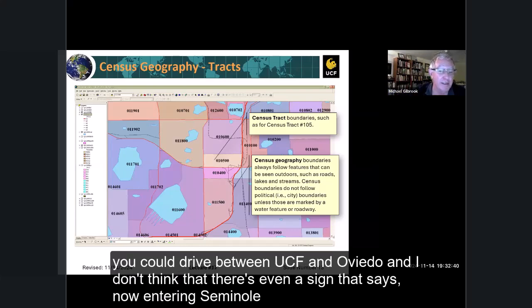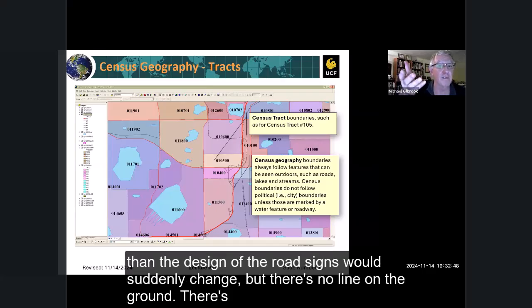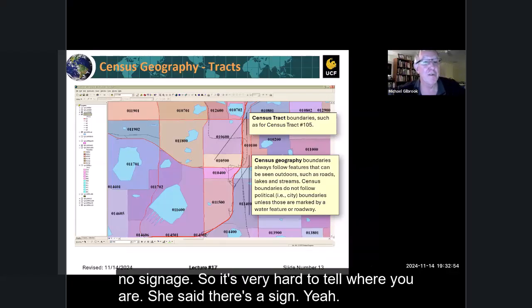There'd be no indication that you've just crossed from one county to the other, other than the design of the road signs would subtly change. But there's no line on the ground. There's no signage. So it's very hard to tell where you are from political boundaries. She said there's a sign.